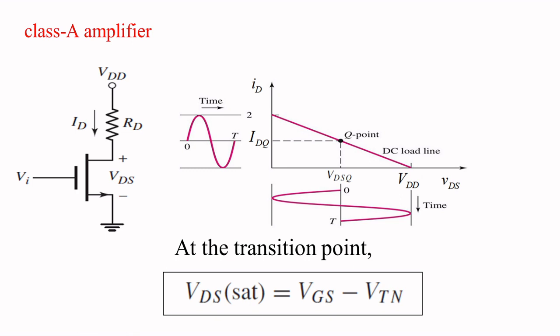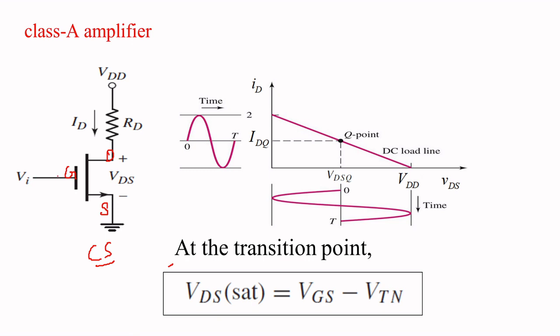Now we are going to see the power conversion efficiency of the class A amplifier with some mathematical equations. Here you can see the class A amplifier circuit. This is your gate, this is your drain and this is your source. The source is connected to the earth, that means it's a common source circuit.